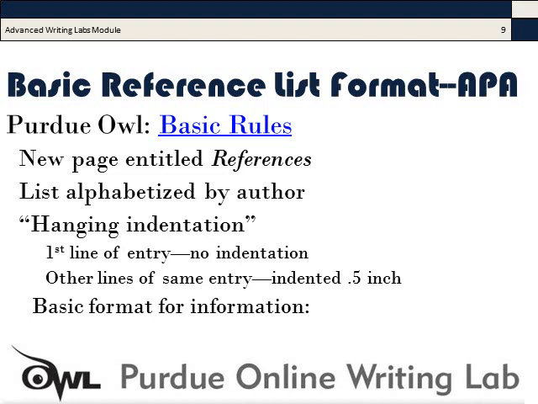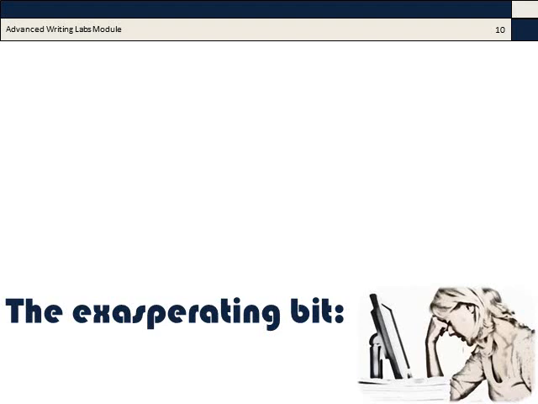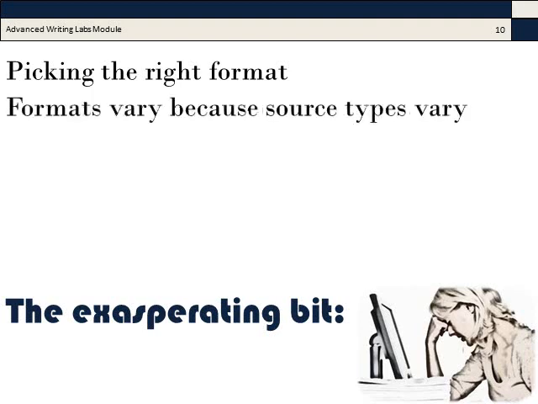The basic format for information includes author, then date in parentheses, then title, and then, depending on what type of source you're referring to, publisher or periodical information. This is the exasperating bit, because you have to pick the right one from many different formats. Well, why do you need that?